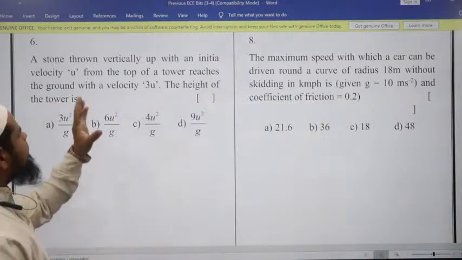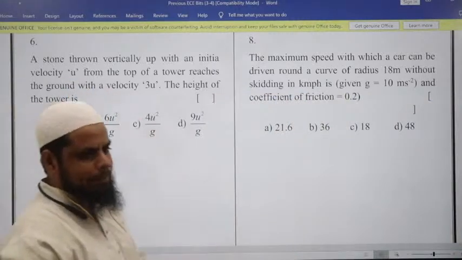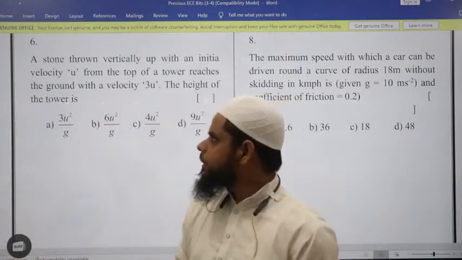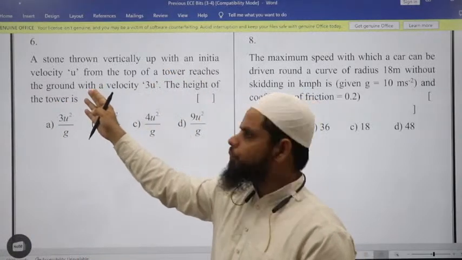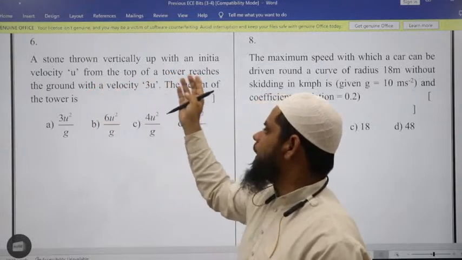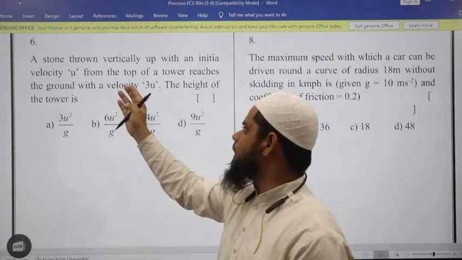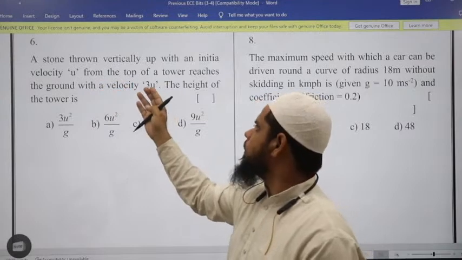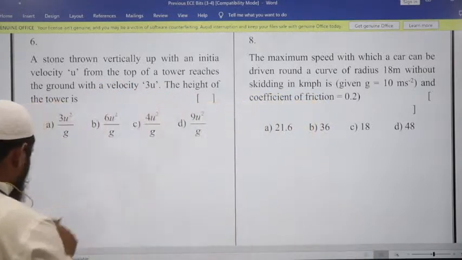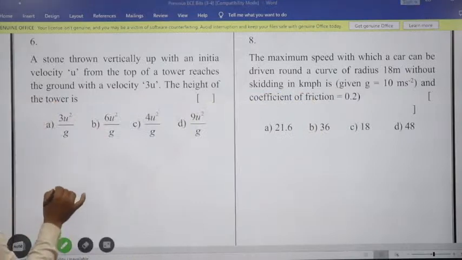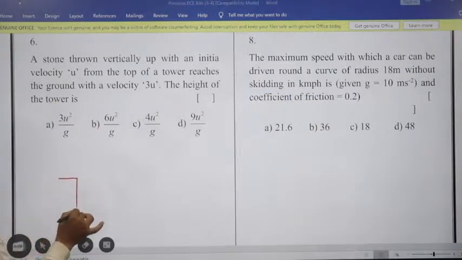Look at this. A stone thrown vertically up with an initial velocity u from the top of a tower reaches the ground with a velocity of 3u. The height of the tower is? Look at this, I am standing over a tower.